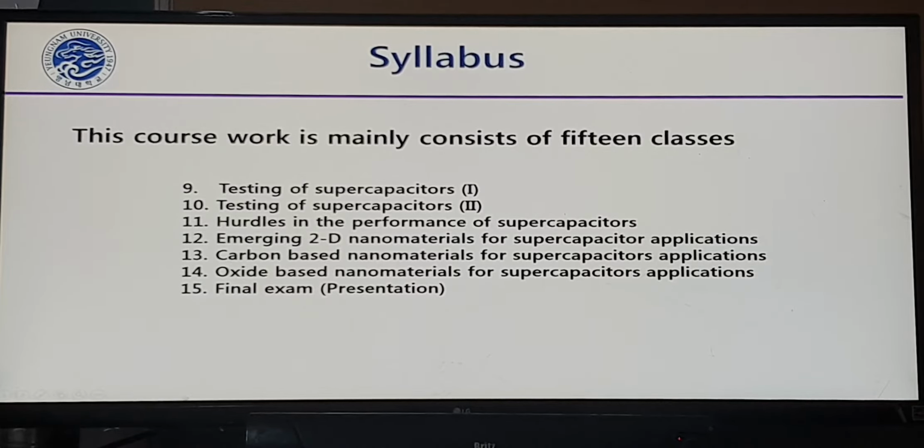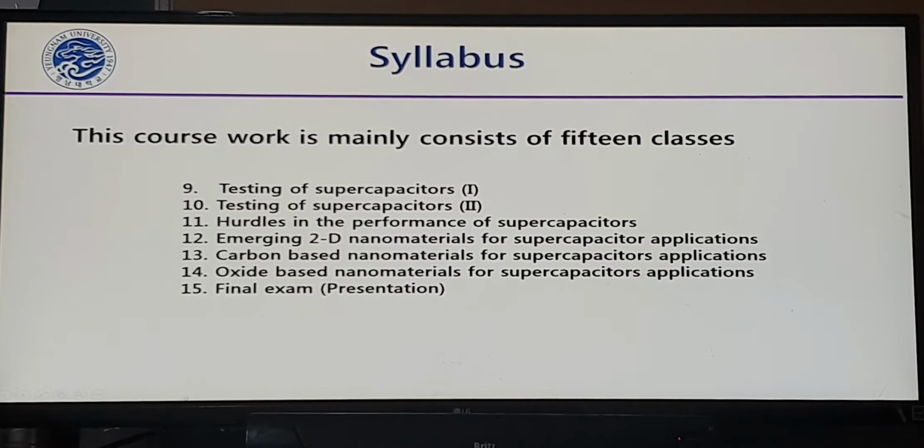Briefly, in this course we will learn about nanomaterials, preparation of nanomaterials, and particularly preparation of nanomaterials for supercapacitors, and how to test the performance of supercapacitors, what the drawbacks of supercapacitors are, and what the promising nanomaterials are for the enhancement of supercapacitor performance.